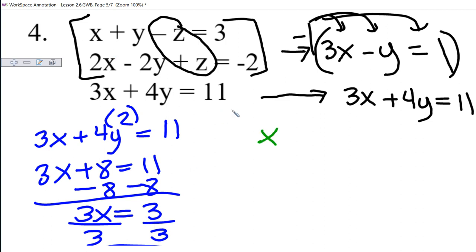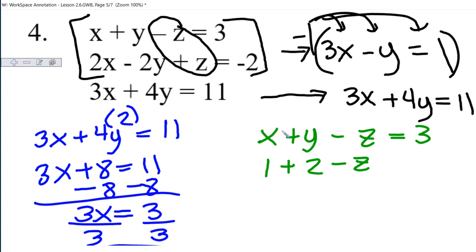So x plus y minus z equals 3. What do I put for x? 1. What do I put for y? 2 minus z. Again, I'm putting this little line through the z so you can tell it's the z and not a 2. Combine my like terms. 1 plus 2 is 3, so 3 minus z equals 3.